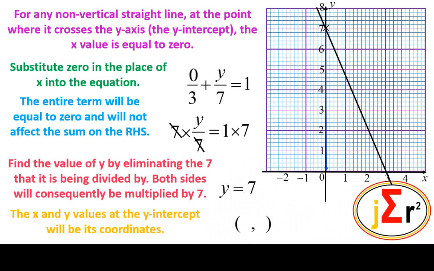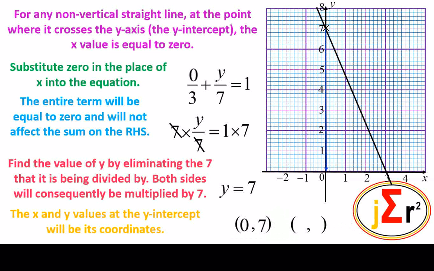So take note that where the line crosses the y-axis, the value of x is equal to 0. The line crosses the y-axis right here. The value of x is 0, so that will go right there. And of course you see the value of y getting in right there also.